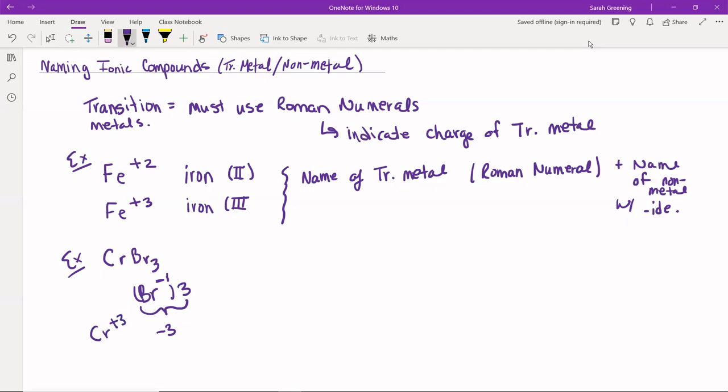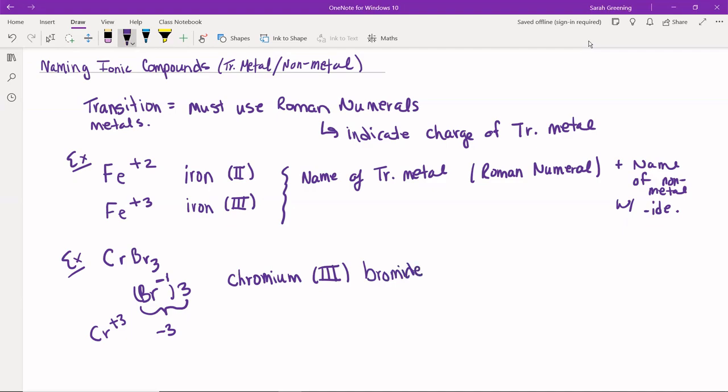And therefore, to come up with its name, you would write chromium. And because it's a transition metal, you would write its charge in Roman numeral form, followed by the nonmetal with its IDE ending. So that would be bromide.